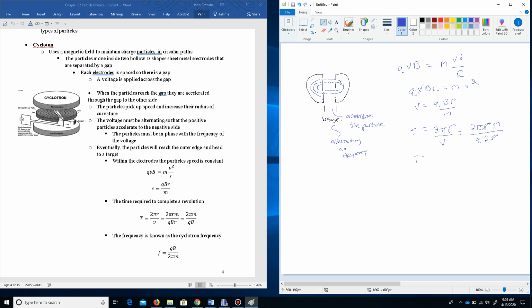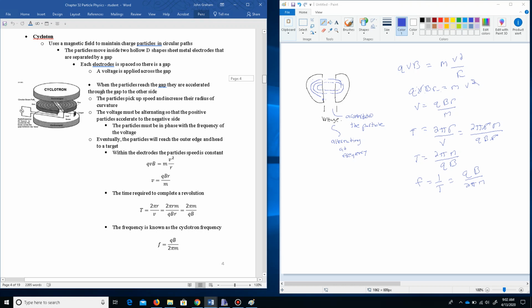And so the time it takes is 2 pi times the mass over the charge times the magnetic field. And then the frequency is 1 over the period. So it's q times the B field over 2 pi times the mass. And so we can find the frequency that we need for this electrode.